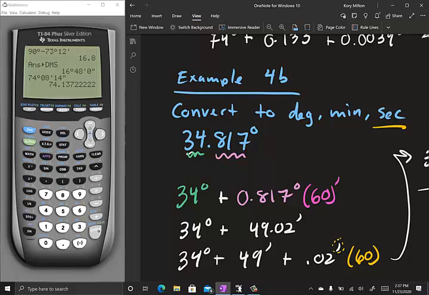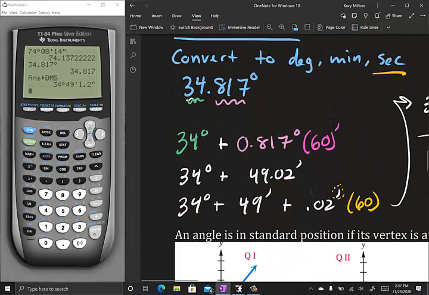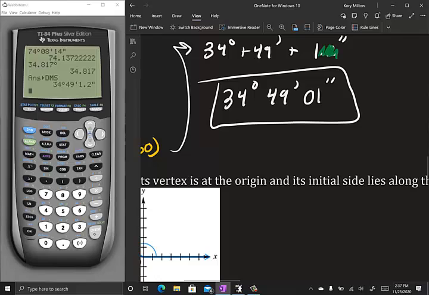Let's do this with our handy dandy calculator. All right, so let's type it in as is. We have 34.817 degrees. Second apps, enter. Hit enter. And then we're going to do second apps number 4. There we go. We have 34, 49, 1.